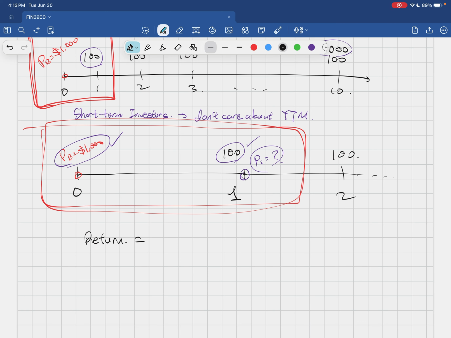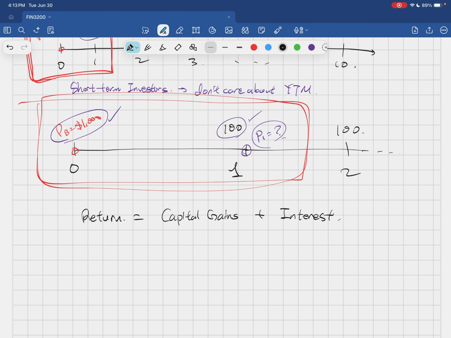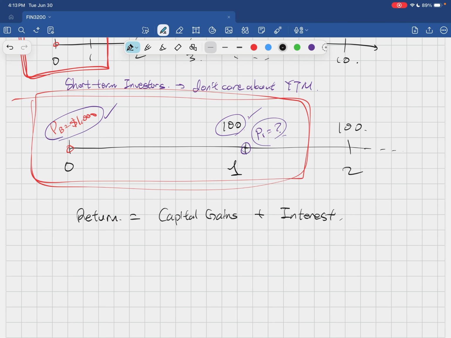So a return is usually decomposed into two parts: a capital gains component plus the interest component. Here, the plan of a short-term investor is they're gonna sell the bond, so the expected price in time 1 minus whatever they paid in time 0, over P0.